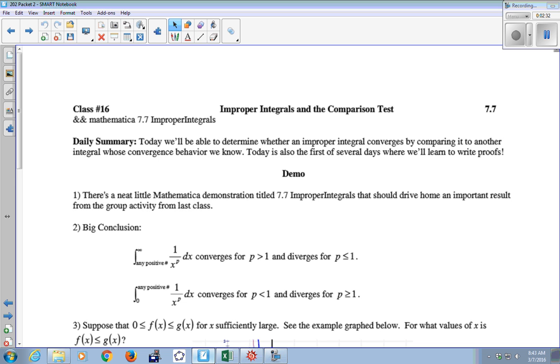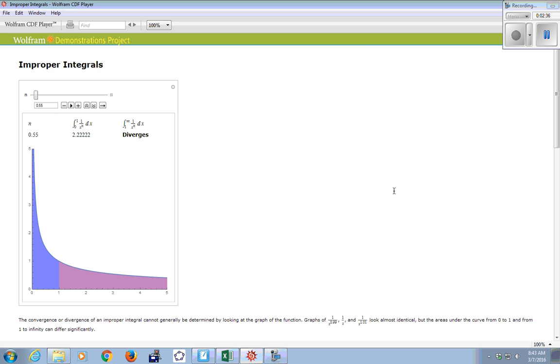So I have a cute little demonstration here. We have this big conclusion from last class. We were looking at integrals of 1 over x to the p. I'm using n here, but same thing. The integral from 0 to 1, and then 1 to infinity. And we looked at the behavior for different values of p, or n in this case.